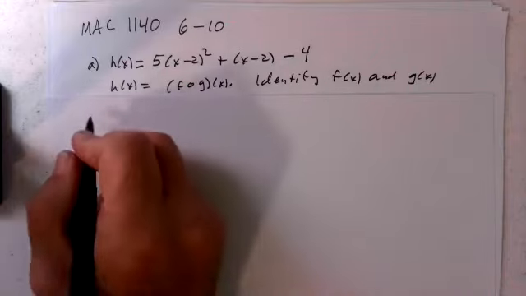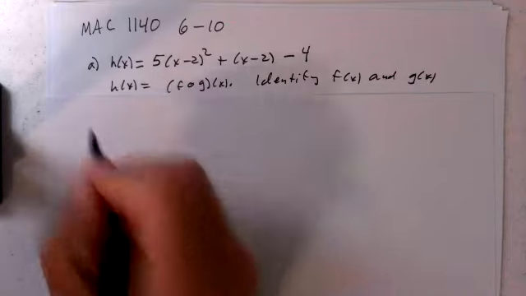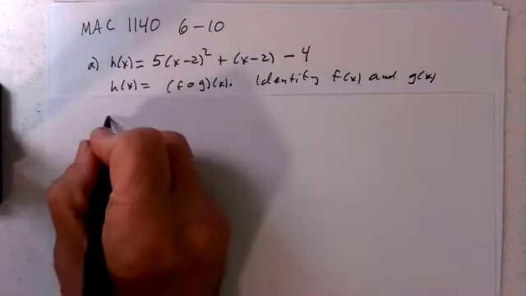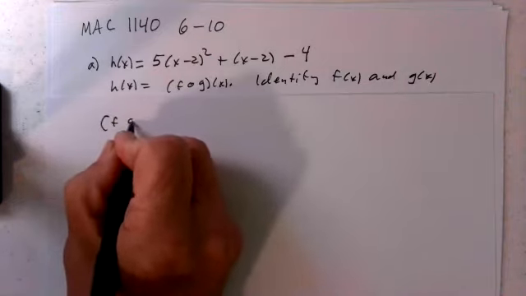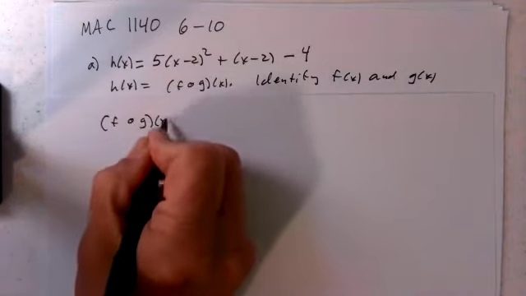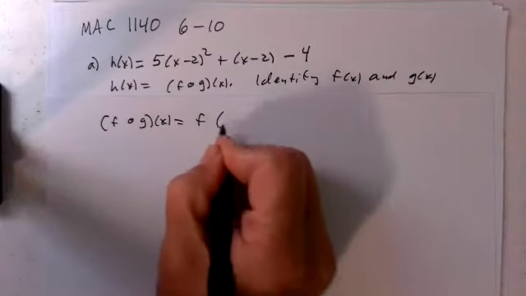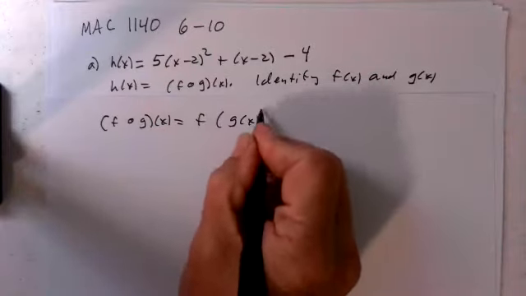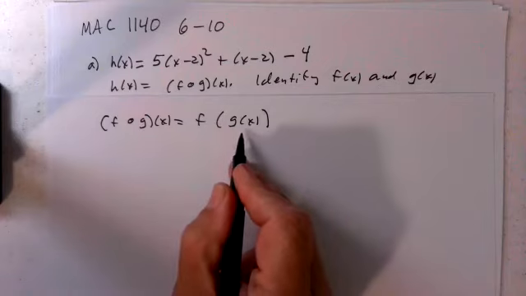So let's make sure we're clear on the notation for composition of functions. Again, I have f circle g of x, which means f of g of x. G of x is the inside function.